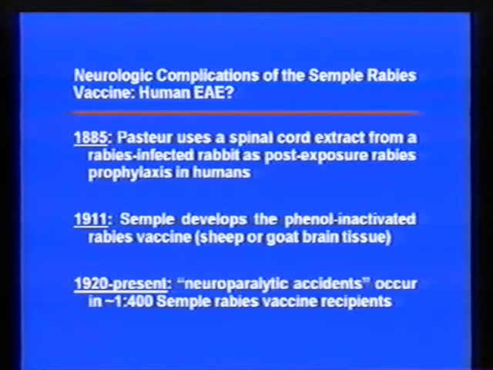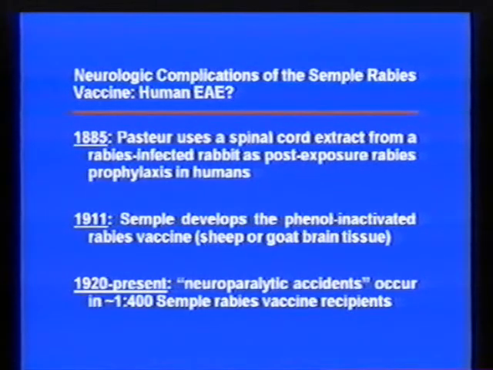So in this case it was a rabbit. The rabbit had rabies. He hypothesized that if he could make an extract of that spinal cord and inject it into a human, he might induce some protective immunity that would protect the human from coming down with rabies. And indeed it worked. So over the next few years, the advance was made to go about inactivating the rabies virus.